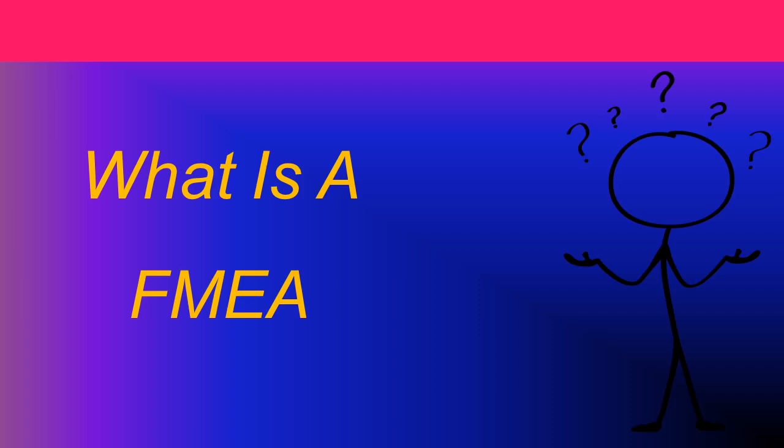First, we shall understand what is FMEA. Basically, FMEA is an acronym which stands for Failure Mode and Effects Analysis, and it is an analytical methodology used to ensure that potential problems have been considered and addressed throughout the product and process development.